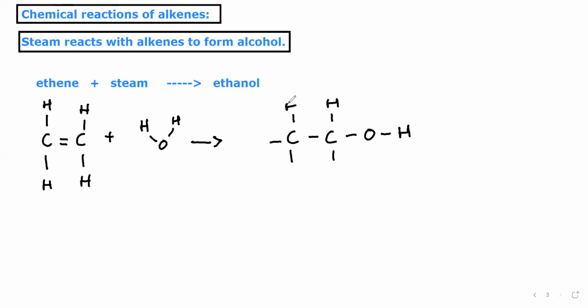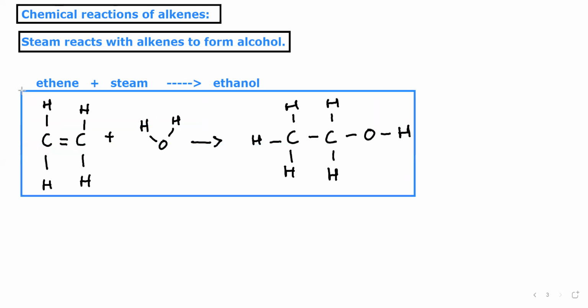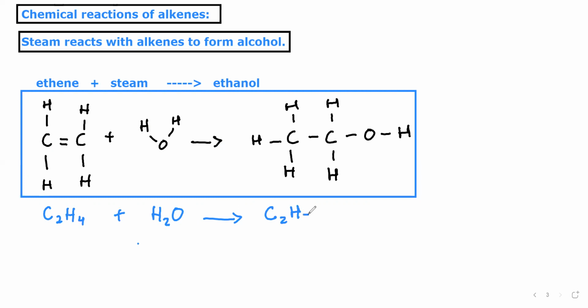So this is going to be our equation for ethene reacting with steam to form ethanol. As I always say, do write the formula equations: C2H4 plus H2O gives you C2H5OH.